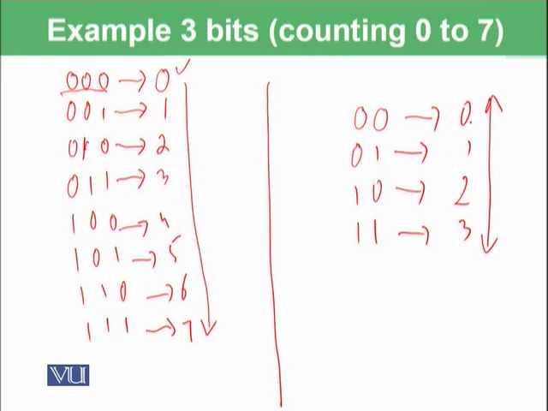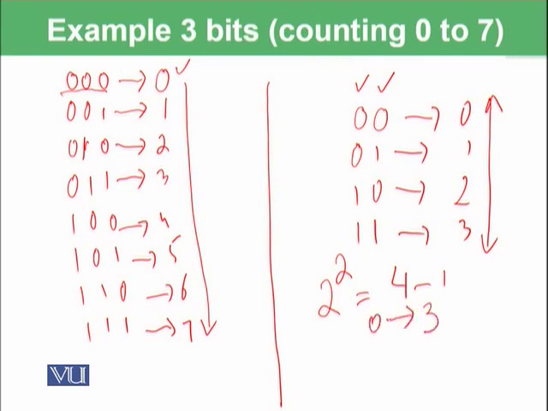So whatever the number of bits we have, for example 2 bits, we can represent 2 raised to power 2, which means 4 numbers, and the numbers vary from 0 to 3, which is 4 minus 1. So the maximum number represented is 3, starting from 0.